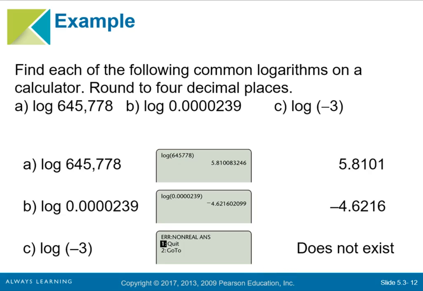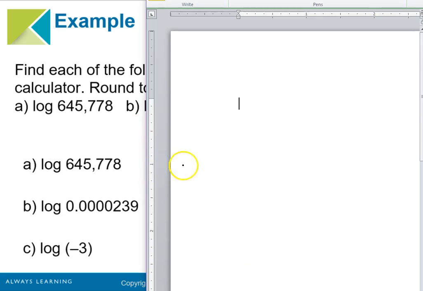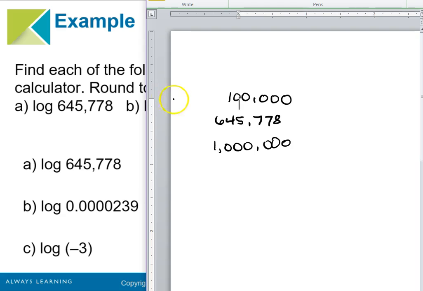All right. Okay, so in our first case, we're being asked to find the log of 645,778. So we're looking for something that's going to fall between 100,000 and 1 million. This is definitely going to fall between that. Using our base 10, we're going to have 1, 2, 3, 4, 5.